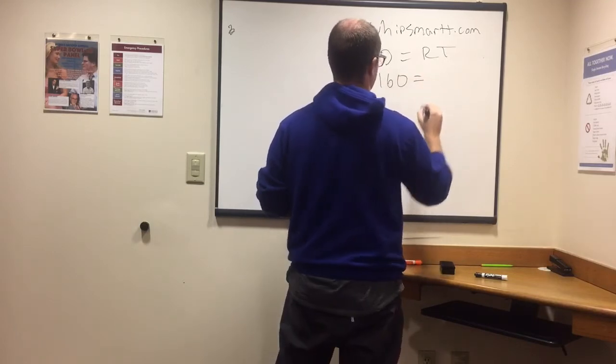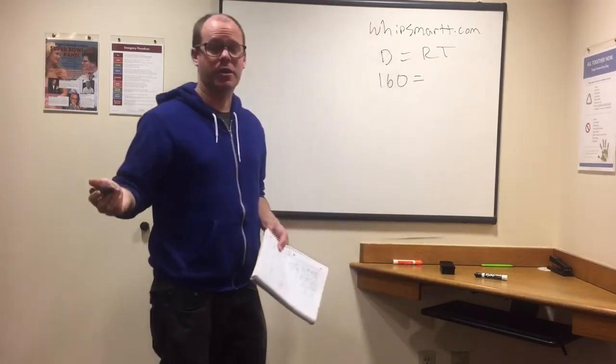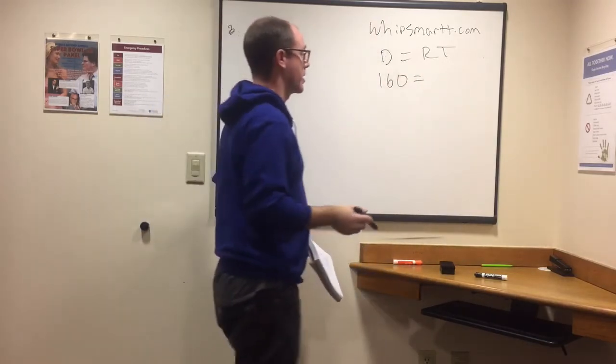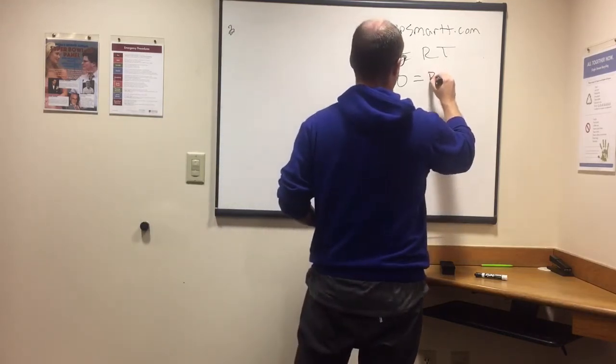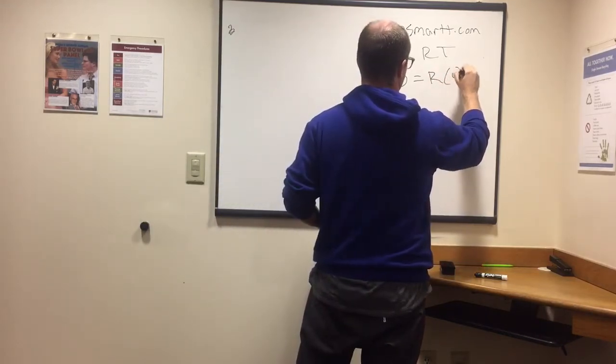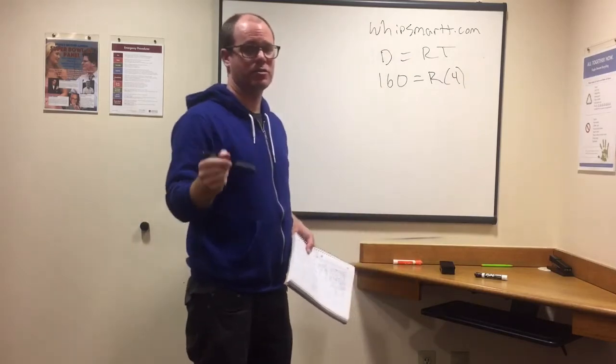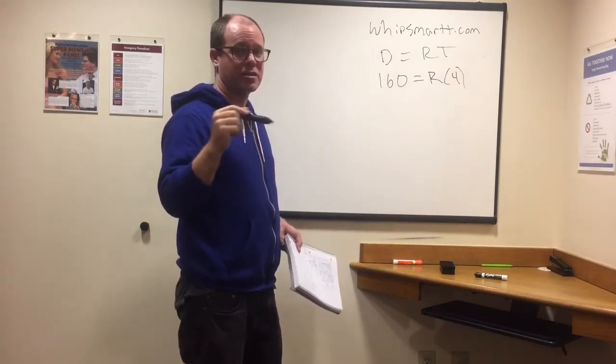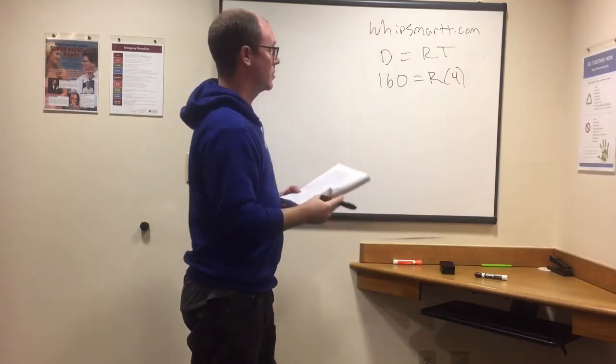Rate, that's like the miles per hour. We don't know that. Time, if you remember, it was 4 hours: 2 hours to go 100 miles, and 2 hours to go another 60, for a total of 4.